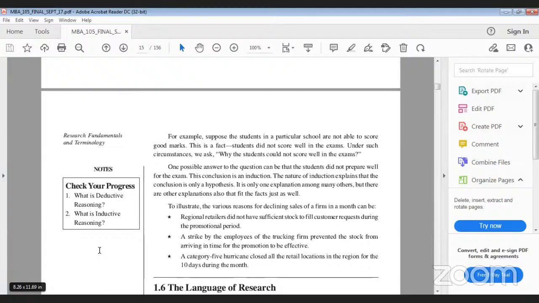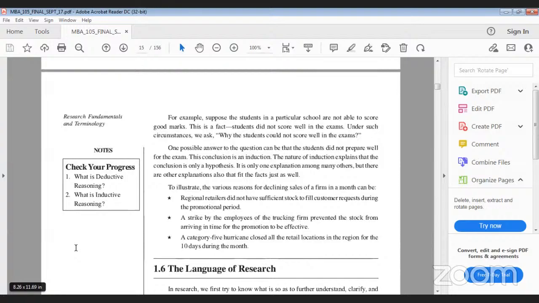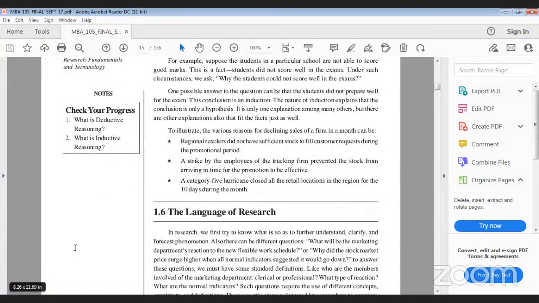Second, a strike by the employees of the trucking firms prevented the stock from arriving in time for the promotions to be effective. And third, Category 5 hurricanes closed all the retail locations in the regions for 10 days during the month.